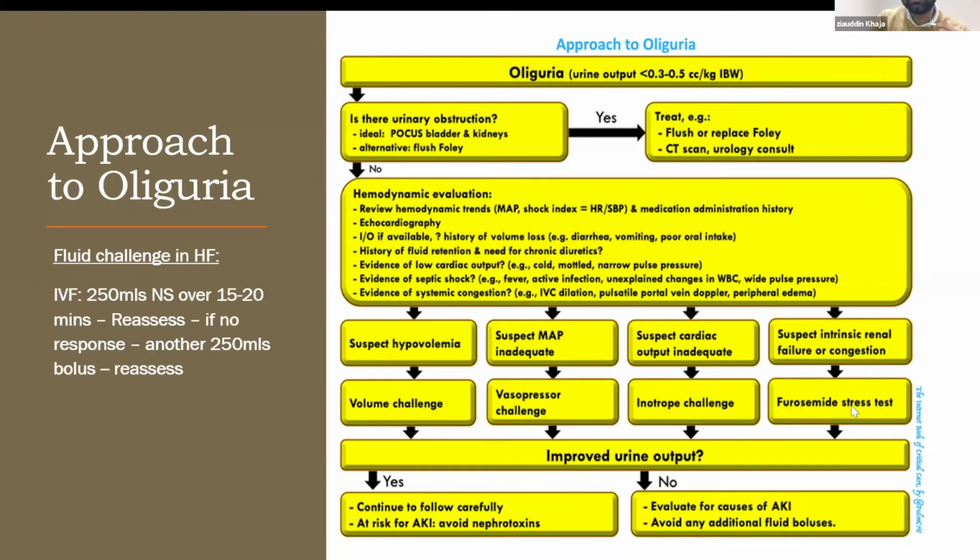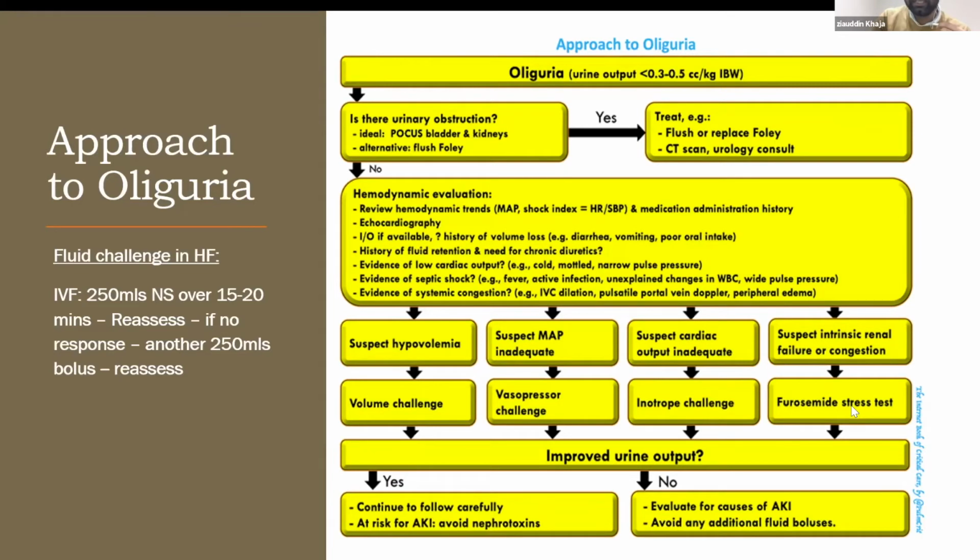But sometimes what doctors try to do is give a little bit of furosemide and then see if they have urine output. If they have, that's great. That means just need some more fluids. But again, I wouldn't stress too much on this one.